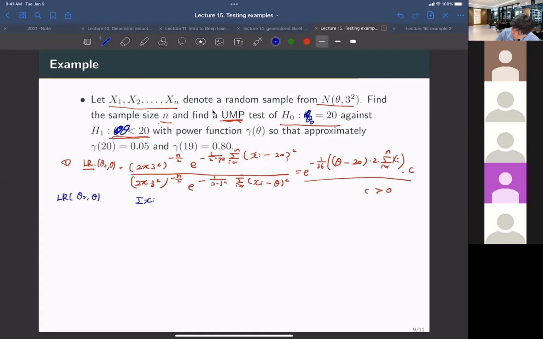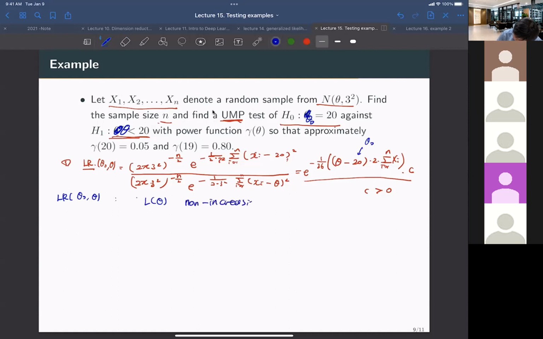Let's see. If theta is greater than theta 0, so this is theta 0. This is negative, so this is monotone decreasing. So the likelihood ratio has the monotone non-increasing property.